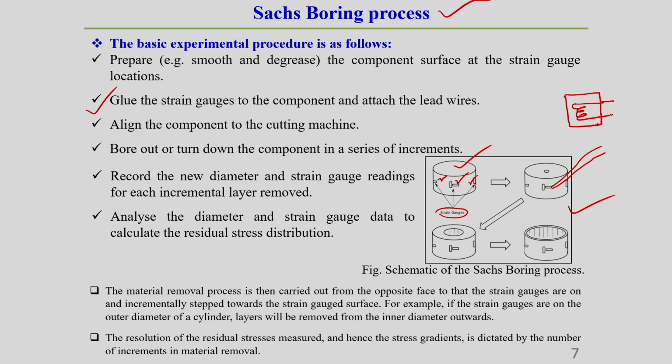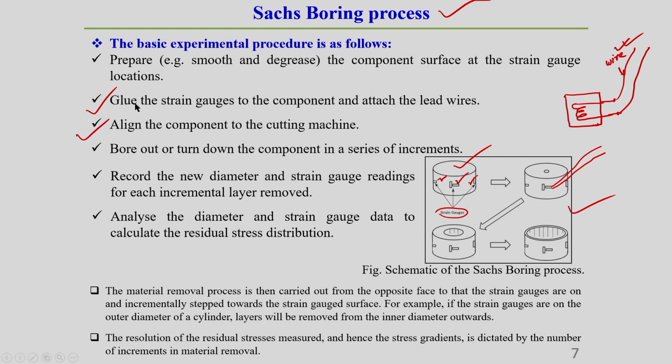So it has two outlets, and these two outlets are generally connected to a data logging system by this lead wire. Whatever expansion and contraction there is, this wire is connected to the data logging system, where we can record the strain value.